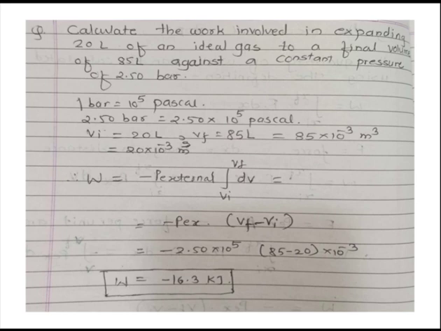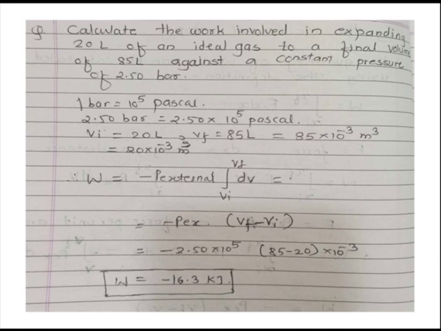The problem is: calculate the work involved in expanding 20 liter of an ideal gas to a final volume of 85 liter against a constant pressure of 2.50 bar. See what data is given.